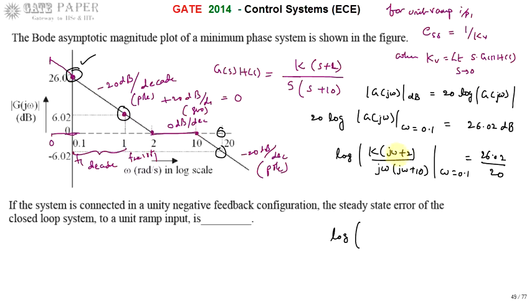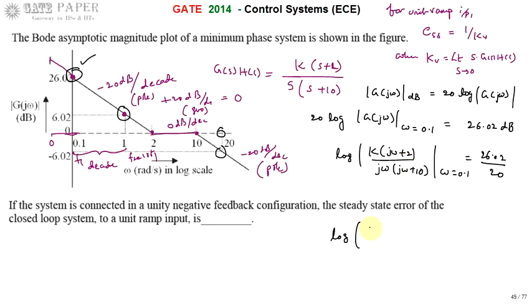Here omega is 0.1, which is very small compared to 2, so you can neglect this omega. Omega is 0.1, whereas this is 2, which is very large, so the magnitude depends totally on the real part. In the case of j omega plus 10 also, omega is 0.1 and this is 10, which is 100 times more. So the total magnitude depends on the real value itself. You can neglect the imaginary part in both the zero as well as the pole.